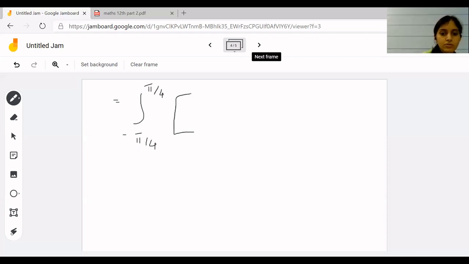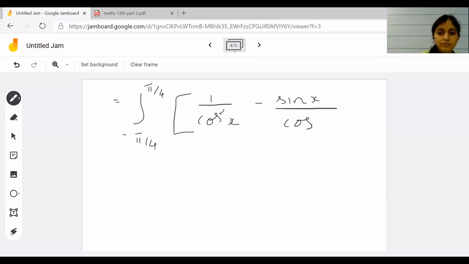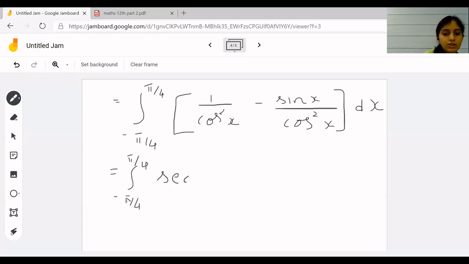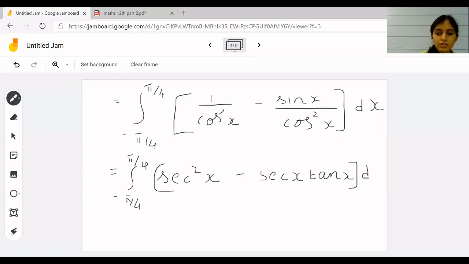In the bracket, we can put 1 upon cos square x, right, minus sin x upon cos square x, okay, dx. 1 upon cos square x is sec square x, minus sin upon cos is tan, and 1 upon cos is sec. So sec x tan x, and dx.